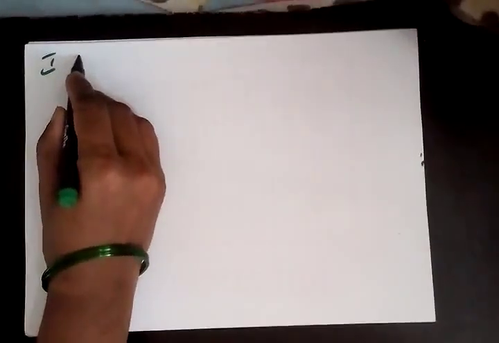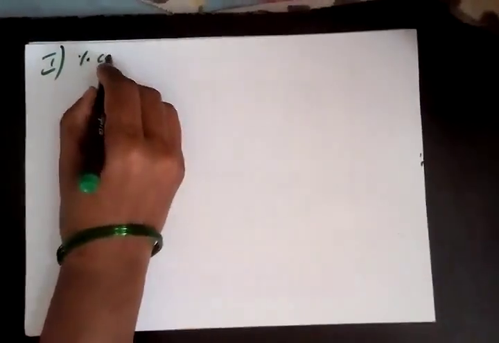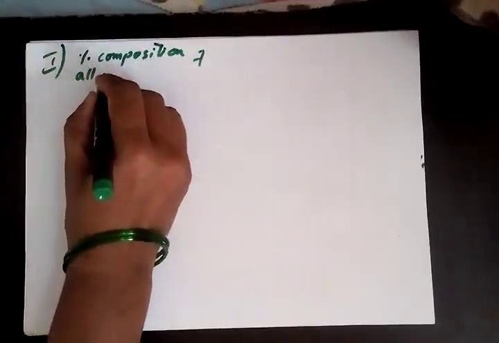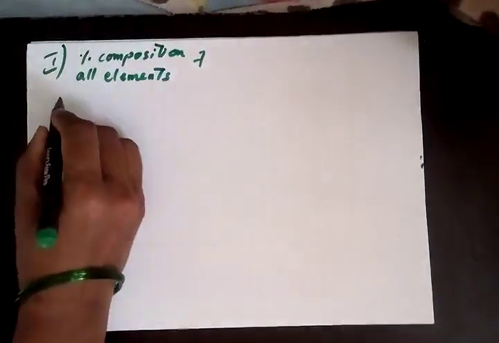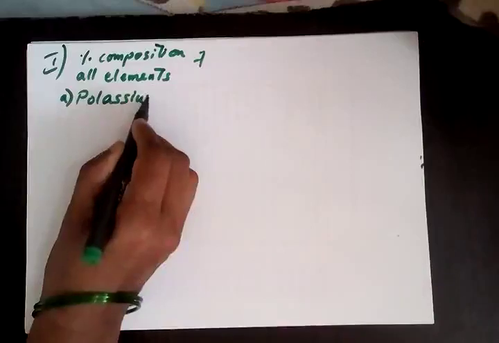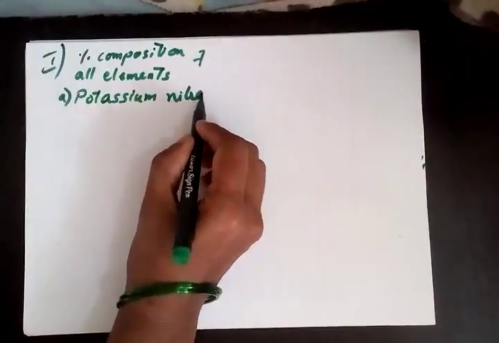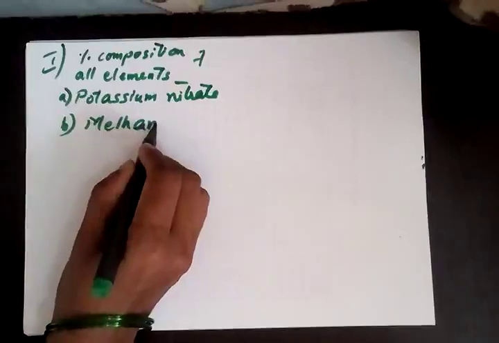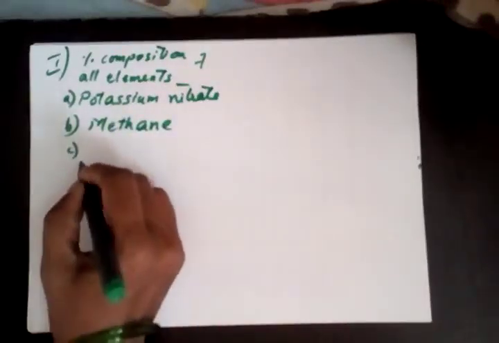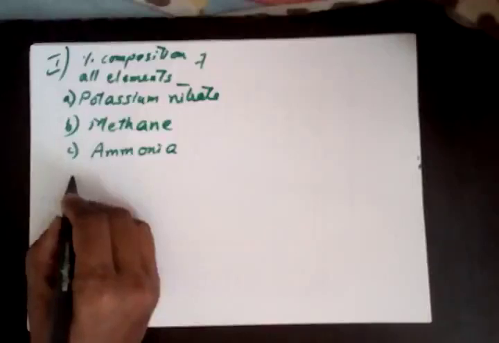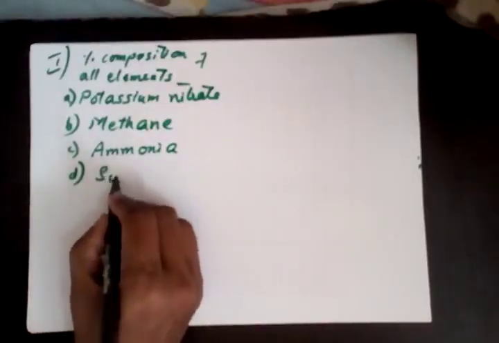In one set, you calculate the percentage composition of all elements present in it: potassium nitrate, methane, ammonia, sulfur dioxide.